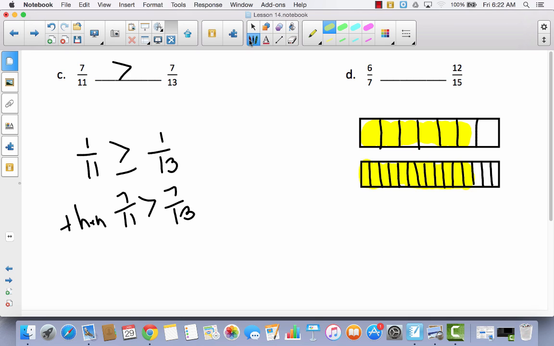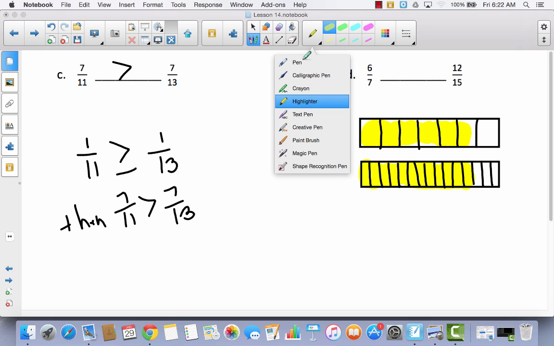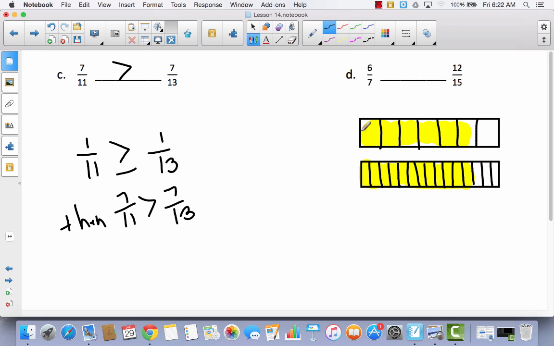So if I take these sevenths and I divide them into halves, like this, what began as 6 out of 7 is now, I'm going to draw an arrow right here, 1, 2, 3, 4, 5, 6, 7, 8, 9, 10, 11, 12 fourteenths.